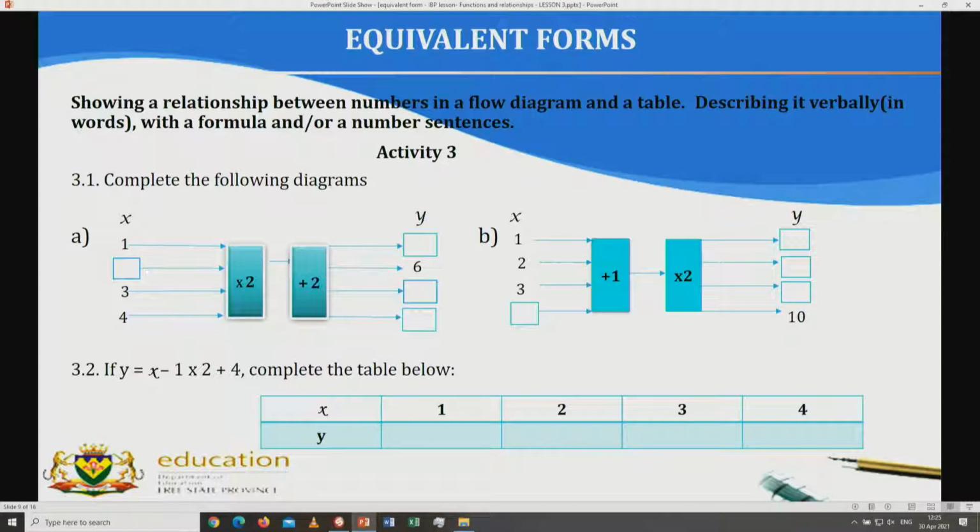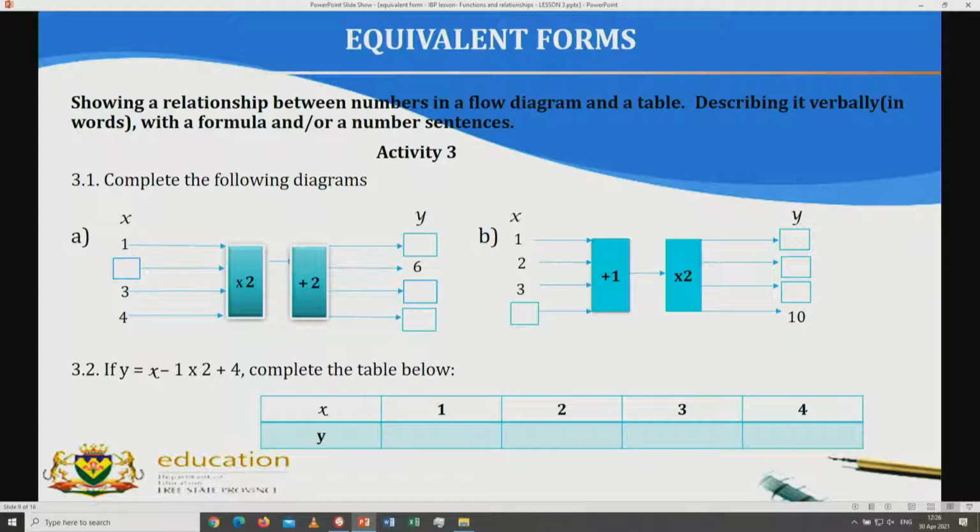Then we have unknown input multiplied by 2 plus 2 equals 6. And then we also have 3 multiplied by 2 plus 2 equals unknown value. Then we also have 4 multiplied by 2 plus 2 equals the unknown value.